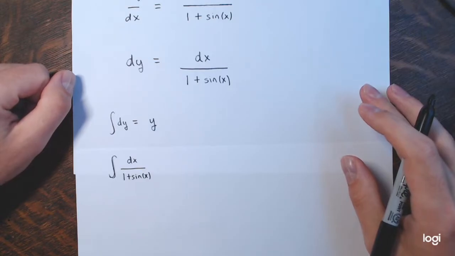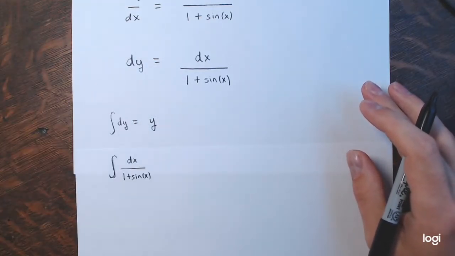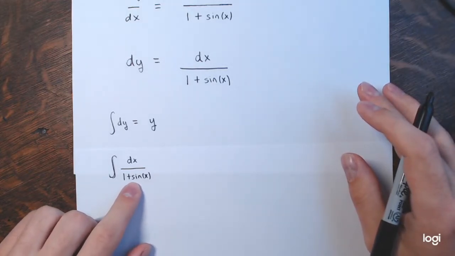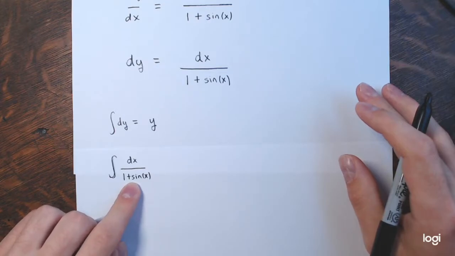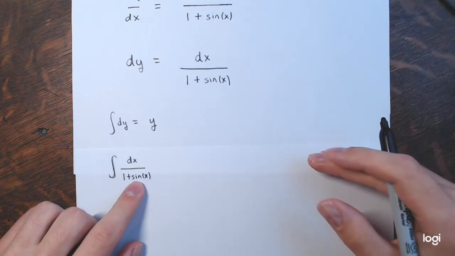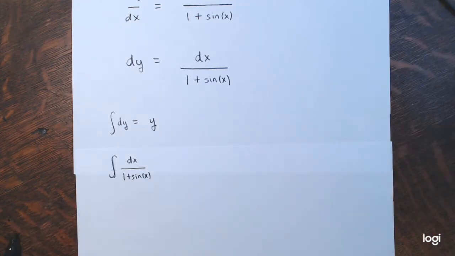Very often, not always, but very often, when I see a sum of two terms in the denominator involving a trig function, especially a trig function to the first power, I think conjugates. So let's see how this goes.